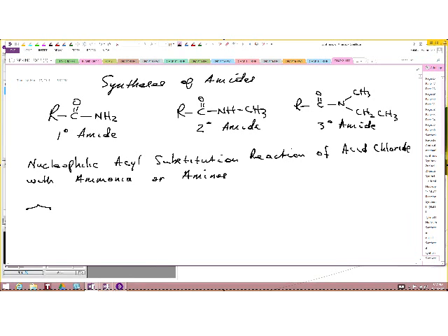We take this acid chloride here, and we could react this with ammonia.